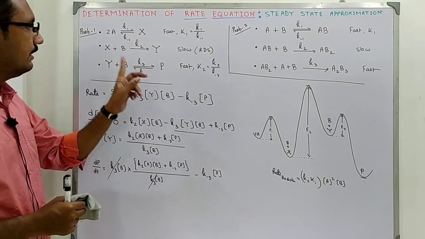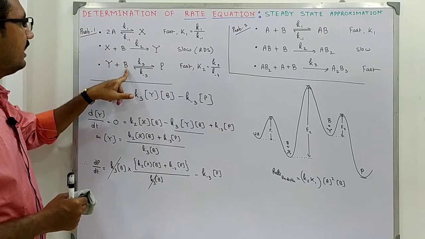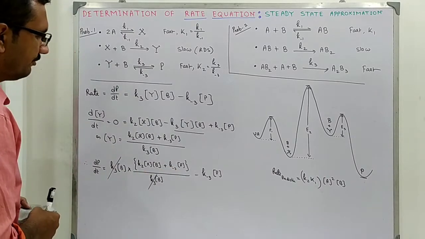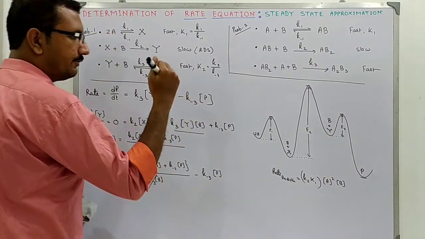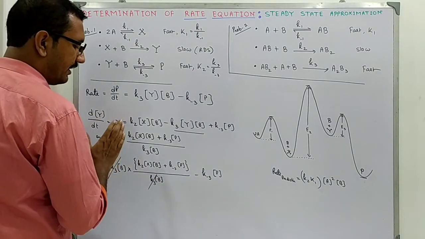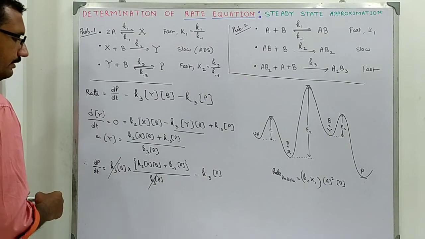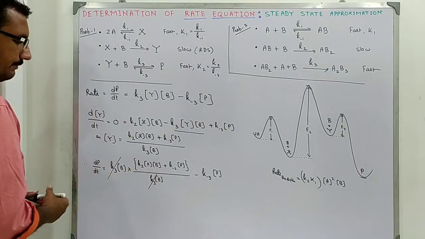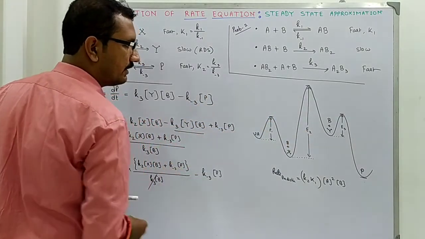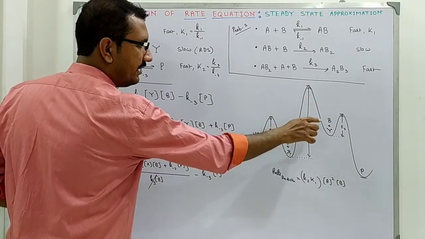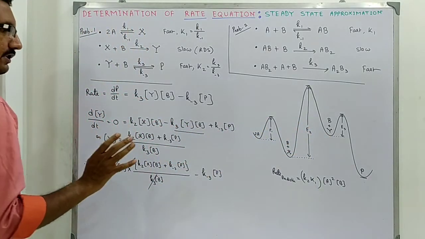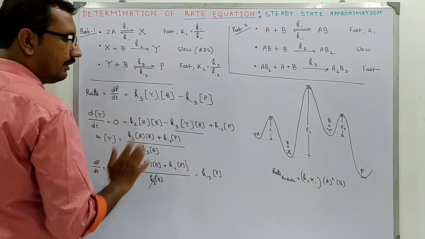So, with respect to the b that is appearing in the third step, the order will be 0. It will have no role in the barrier crossing process. So, what I have told is in perfect agreement with the derivation. This mathematics is taking into consideration that the species which will appear in the first step will have no contribution in the barrier crossing process and will not be reflected in the rate equation.